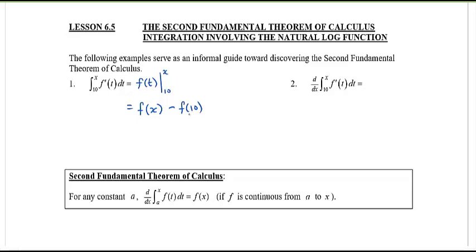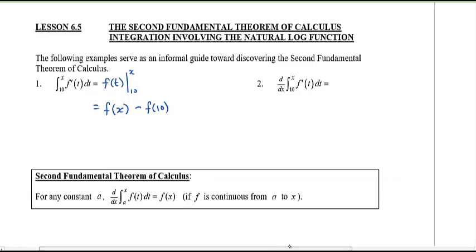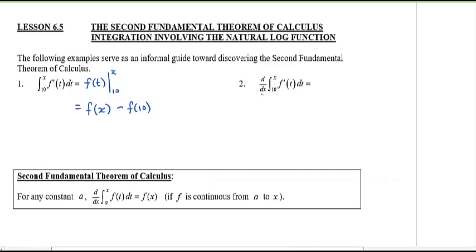Perfect. Now looking at number 2 here, it says take the derivative, d/dx, of this integral. Well, this integral so happens to be number 1. So really, I'm asking you to take the derivative of the answer to number 1, which would be f of x minus f of 10.